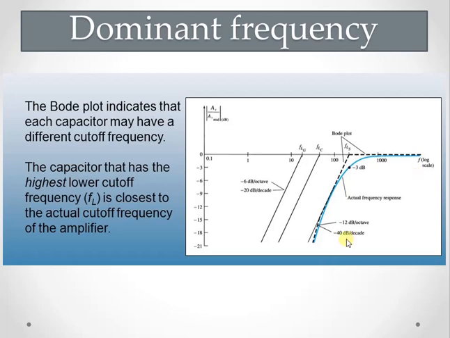So this minus 40 dB per decade roll off means that it has two poles, and the capacitor which has the highest lower cutoff frequency is closest to the actual cutoff frequency of the amplifier. So the dominant frequency will be the one which has the highest lower cutoff frequency in this particular graph.